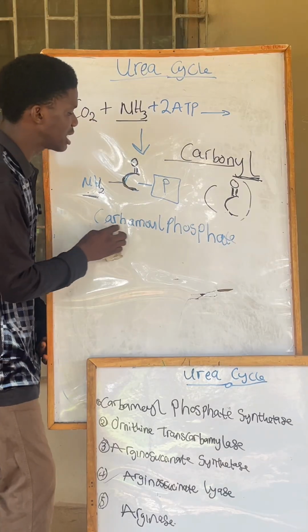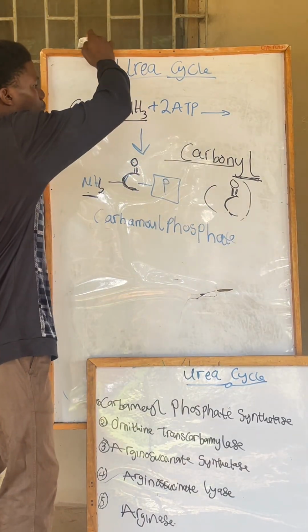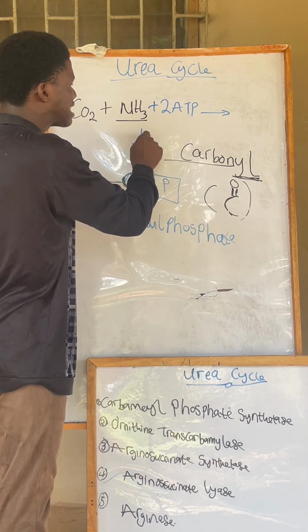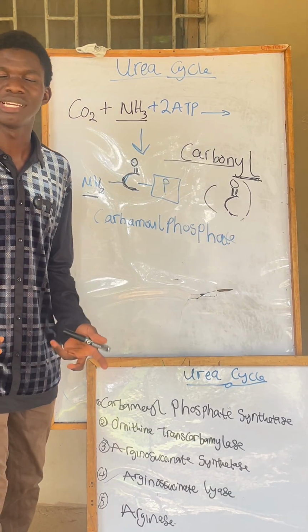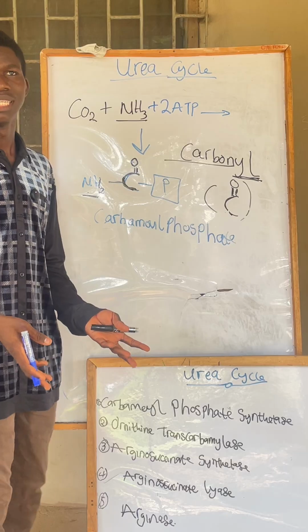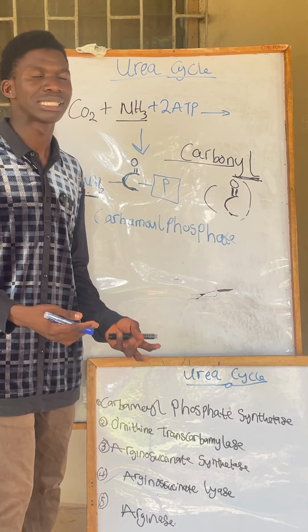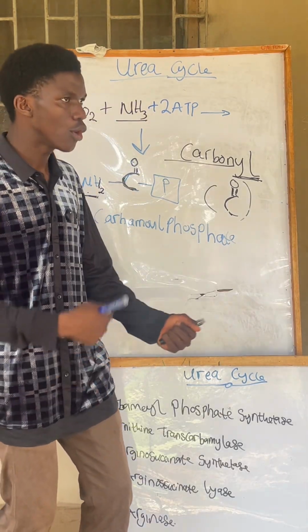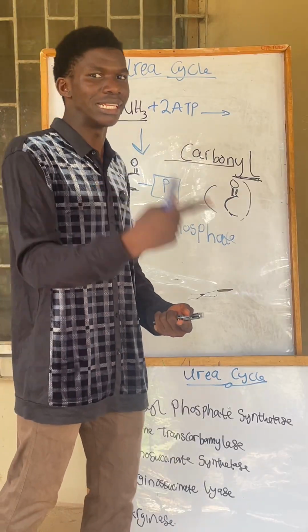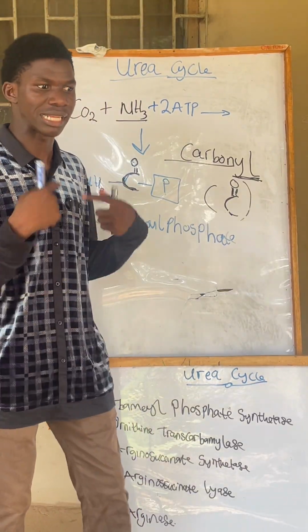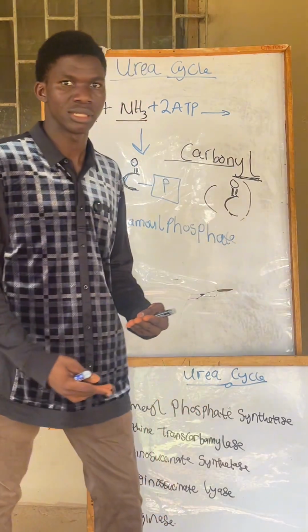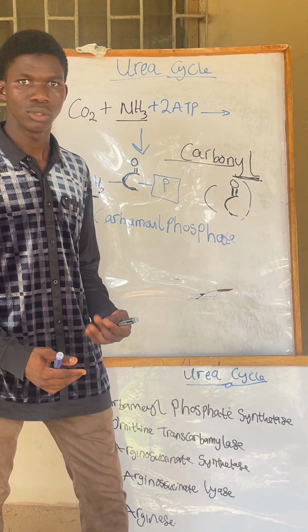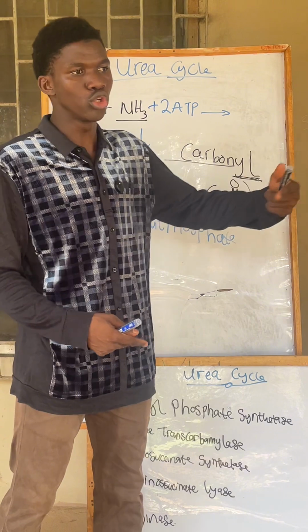So now this carbamyl phosphate is the product, but don't forget that a particular enzyme must be here. So what is the name of the enzyme? It is very simple. The enzyme is known as carbamyl phosphate synthetase. When we say synthesize, it means we are producing something.